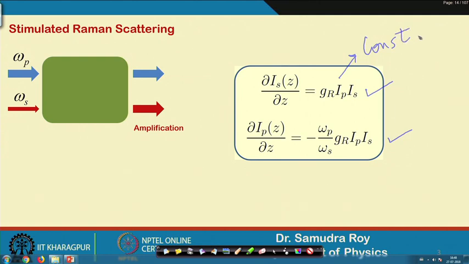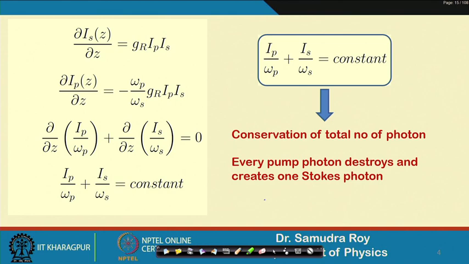So, life will be simpler, and it seems I can solve this coupled equation by decoupling some of the equations. I will try to do that in today's class and try to understand the physics behind these things.